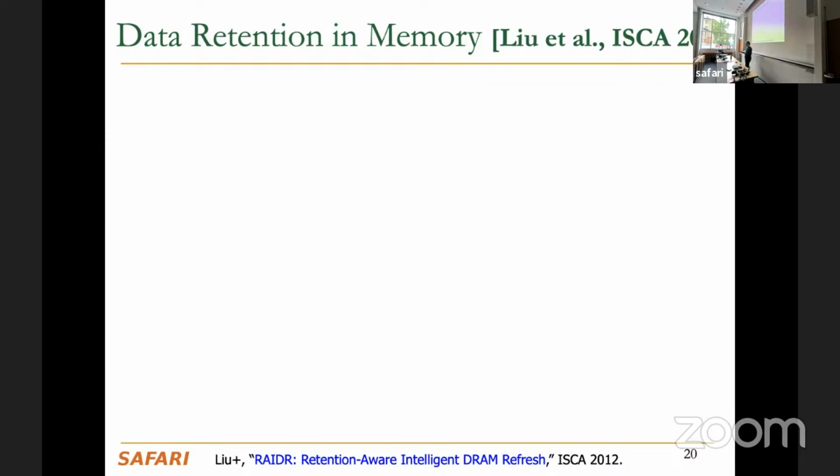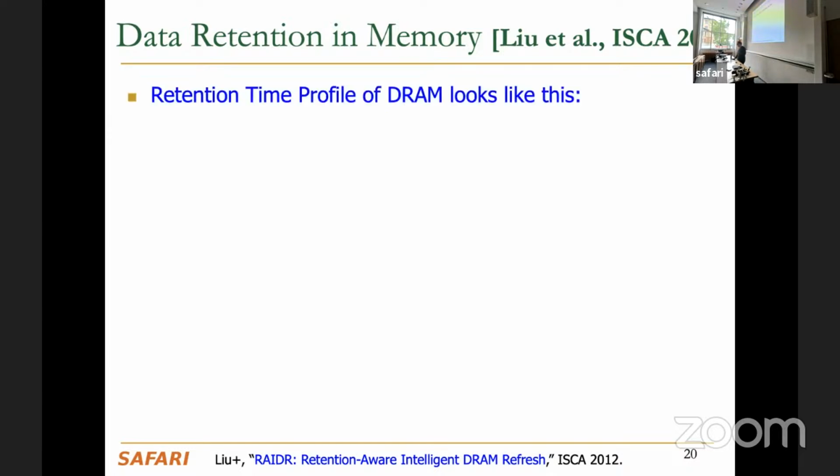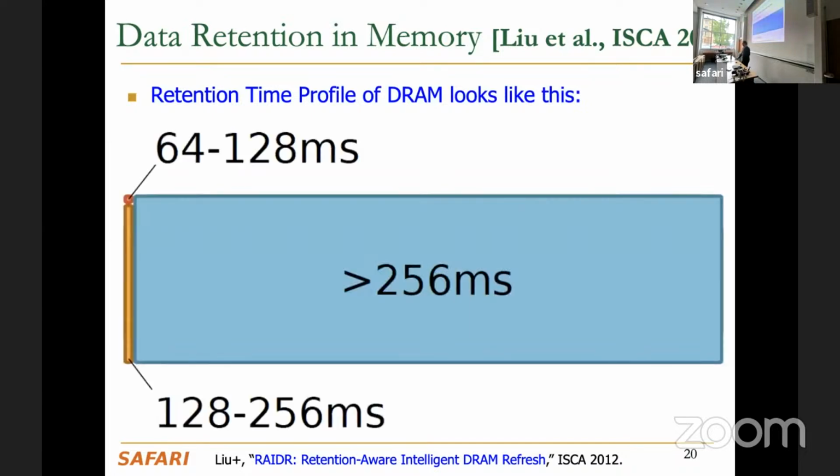We said, maybe we should try to get rid of refresh so that we don't need to deal with it. And we again took a system level approach. If you take a system level approach, maybe if you understand the device nicely, you can get rid of refresh. There are other system level approaches you can take also. But basically, we knew from previous papers that the retention time profile of DRAM looks like this, kind of. Basically, most of the cells don't require refresh as frequently as the standard suggests.